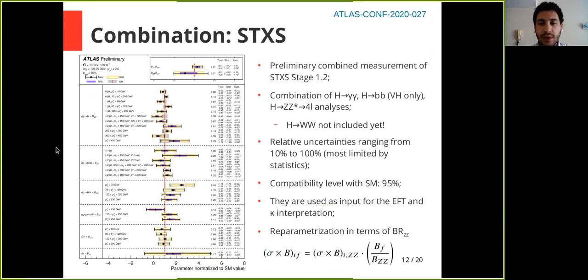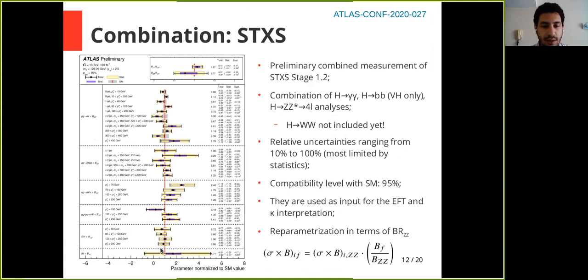So the measurements in 3 decay channels, X to gamma gamma, X to BB, and X to ZZ, were combined together to get this extremely detailed picture of the Higgs boson production kinematics.